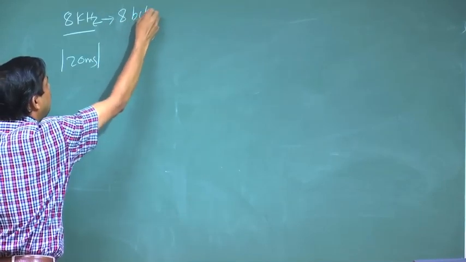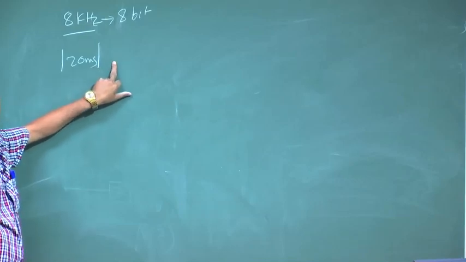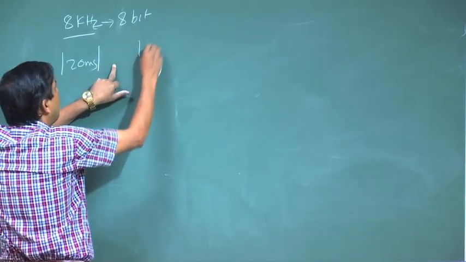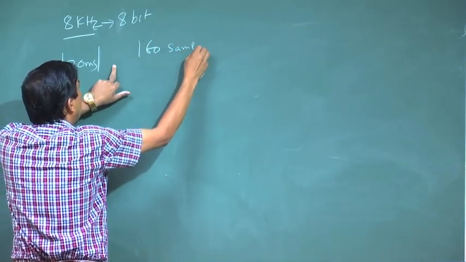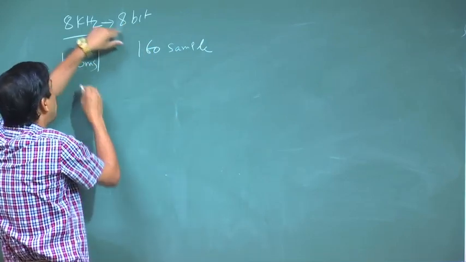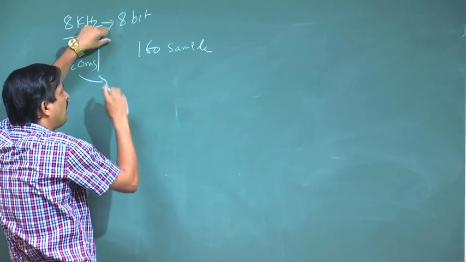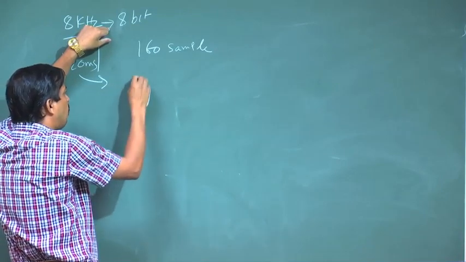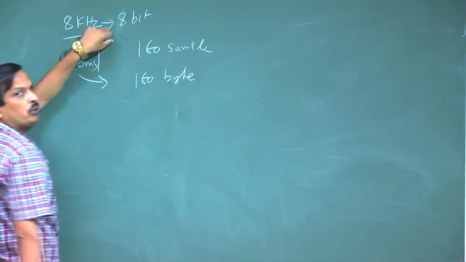In 20 millisecond how many samples will be there? 160 samples. Now, each sample is 1 byte. So, I can say this 20 millisecond window requires 160 bytes of memory to store.